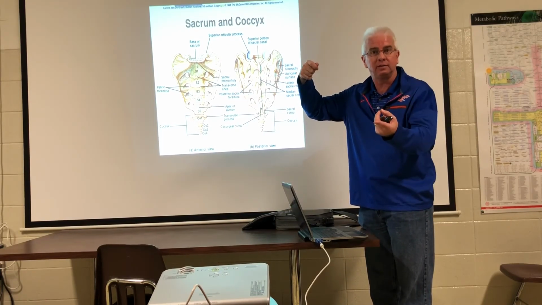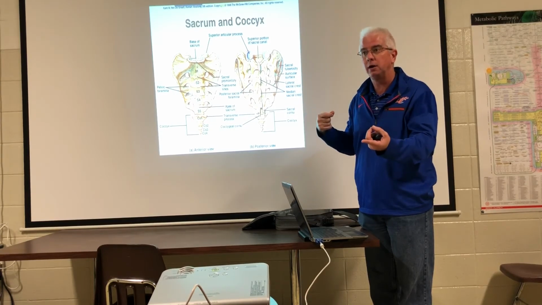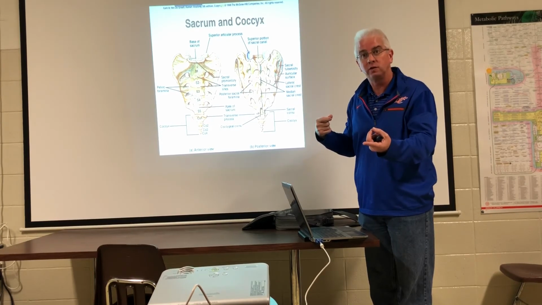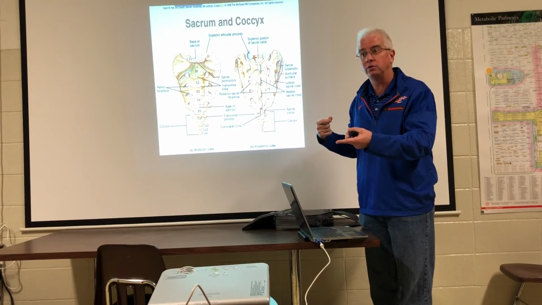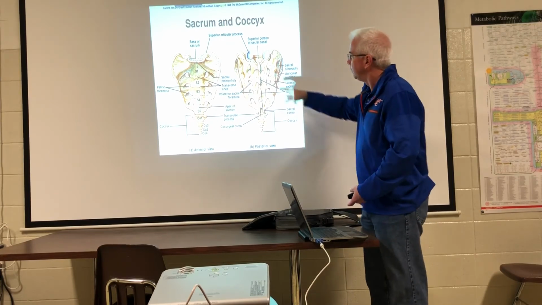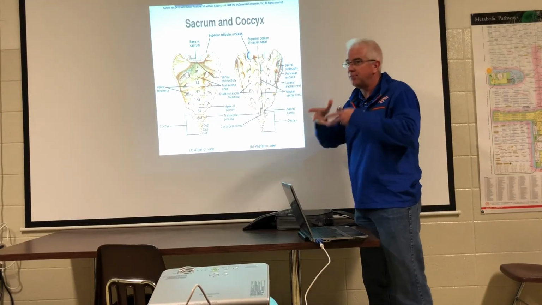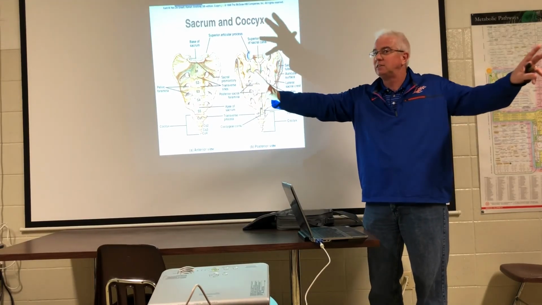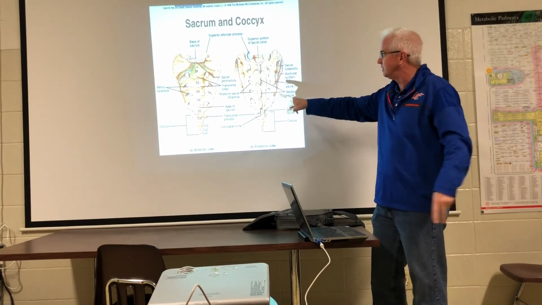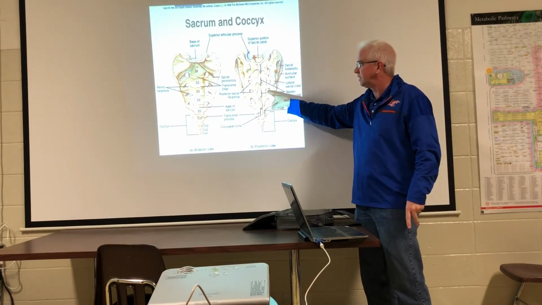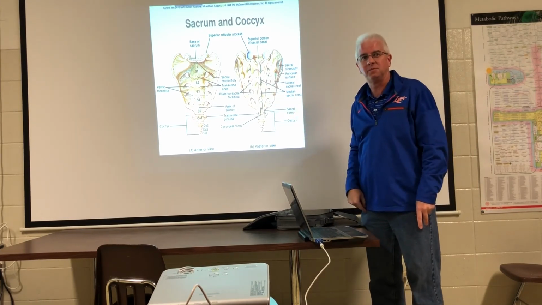And I showed you this last time. We called it the cauda equina. The horse's tail. Cauda tail, equina horse. And that thing extends down through the sacral foramina and then gives rise to the sacral nerves as they pass through the sacral foramina of the sacrum.